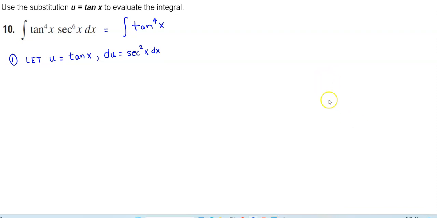Okay, so now let's go ahead and write out the trig identities that we know that include the tangent x and the secant of x. One of them that we know is the following. We know that the secant to the 4th x minus the tangent to the 4th x is equal to 1. And what else do we know?